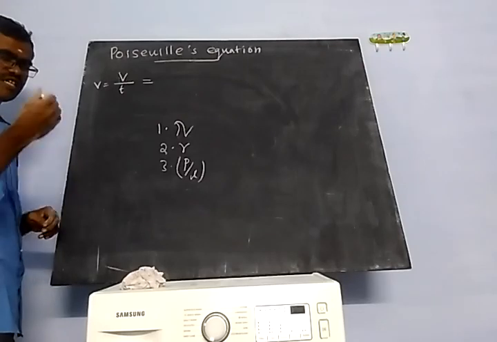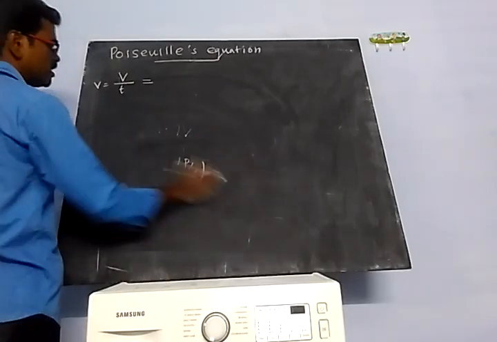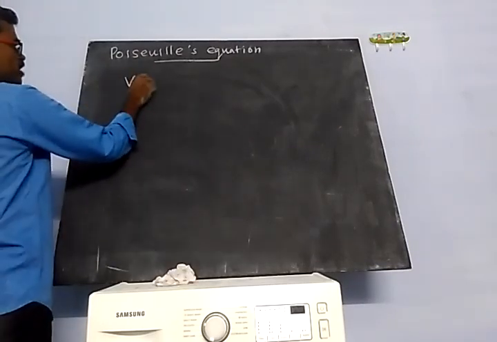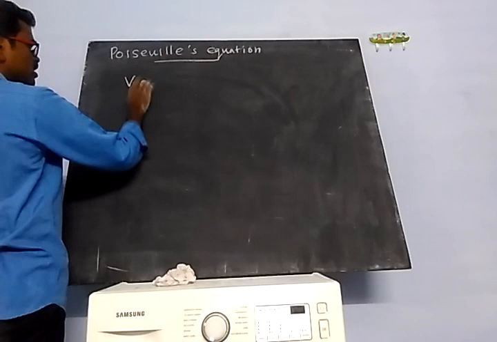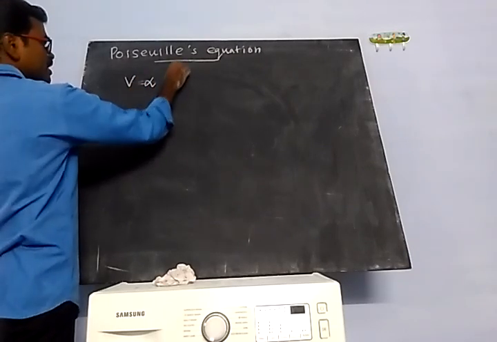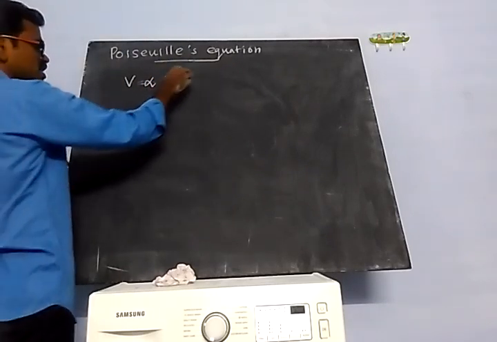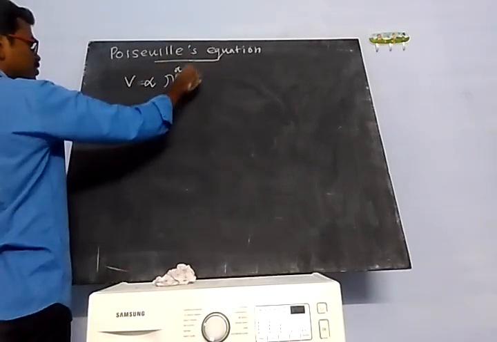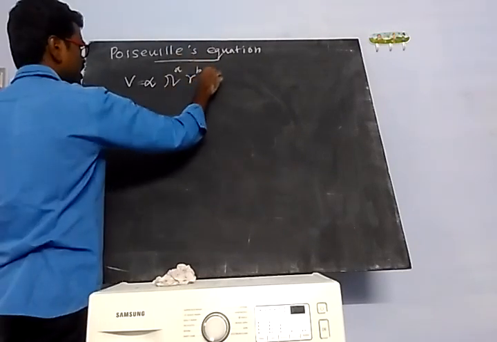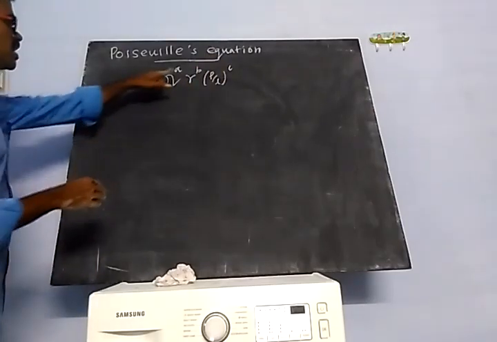In the first chapter we discussed it, no. So, using that, the volume of the liquid flowing is directly proportional to eta power a, where a is a variable, eta being the coefficient of viscosity, and r power b, where r is the radius of the tube and b is a variable, and the pressure gradient P by L power c. So these are all the variables.